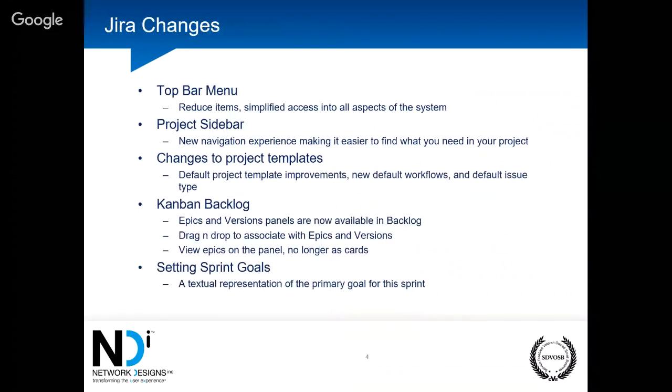So rolling straight into it, some of the changes you're going to see are the top bar menu. They've reduced the items. This is in Jira. They've simplified access into all aspects of the system. So when you're looking for something, everything is easier to find. And the drop downs for projects in Jira and spaces in Confluence are remarkably different.